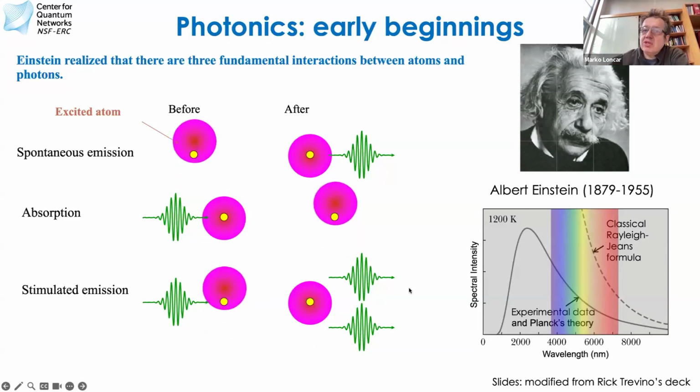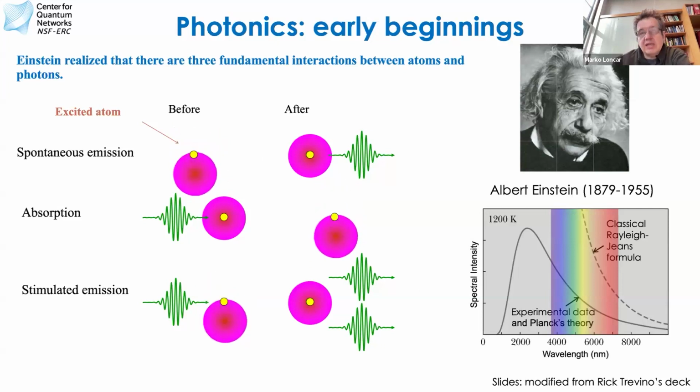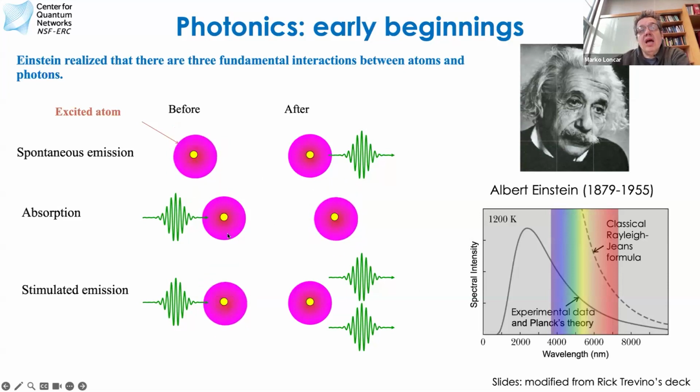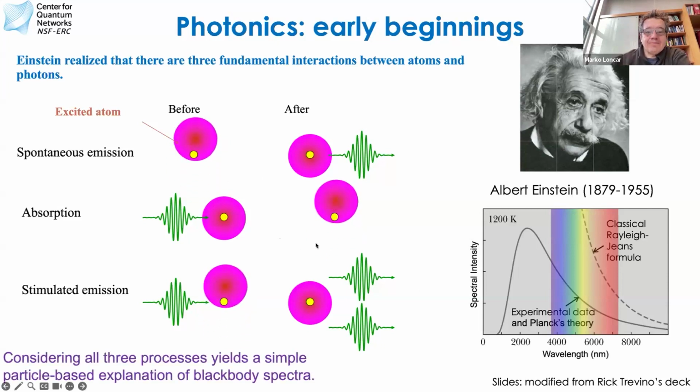This is stimulated emission, used to realize lasers. Throughout this presentation, we'll talk a lot about absorption, stimulated emission, and spontaneous emission, both for classical and quantum devices. Strictly speaking, all light-emitting devices are quantum, because the photon is a quantum object.